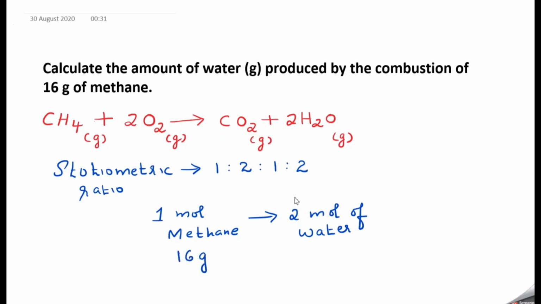Okay, so 16 gram CH4 gives 2 mole of water. So 1 mole of water has a mass of H2O, that is 2 into 1 plus 16, 18. So 2 into 18. So it will give 2 into 18 gram of water.